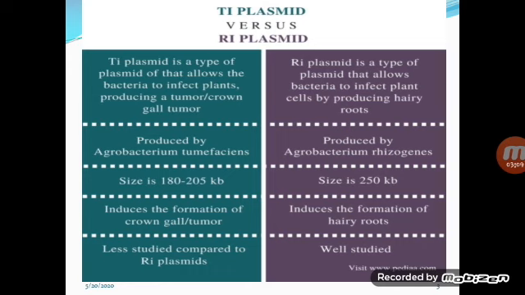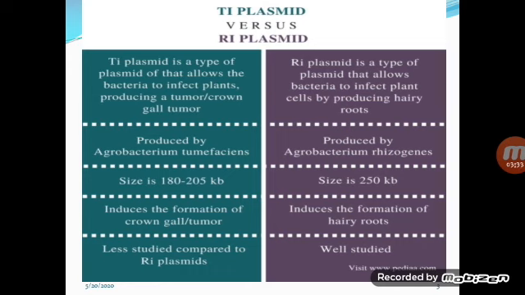Ti plasmid, if present in the Agrobacterium tumefaciens, that bacteria causes crown gall disease, and if Ri plasmid is present in the Agrobacterium rhizogenes, then this bacteria causes hairy root disease in plants.